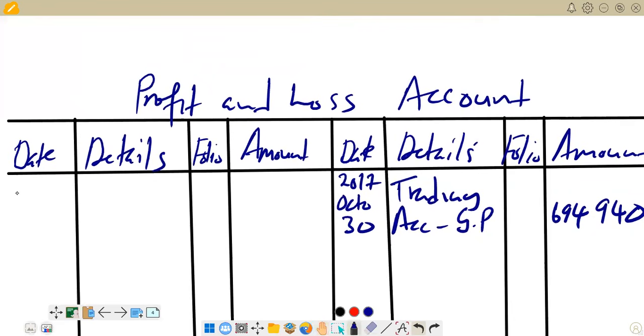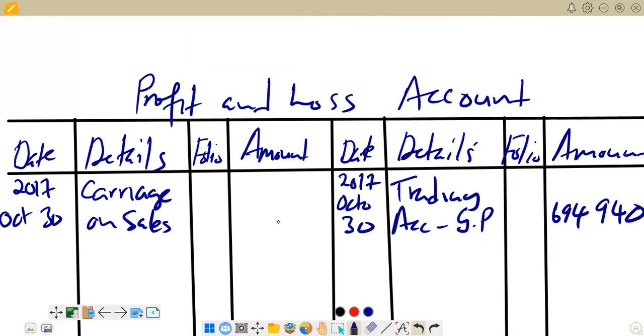Remember dates, we are using the same date, 2017, October date. And we are saying this is carriage on sales. The figure for carriage on sales that we have there is 9,000.